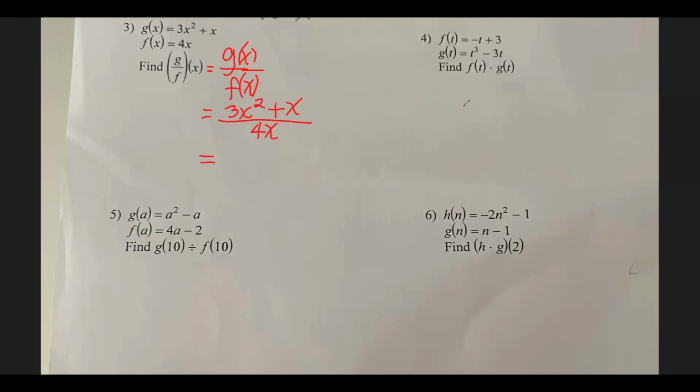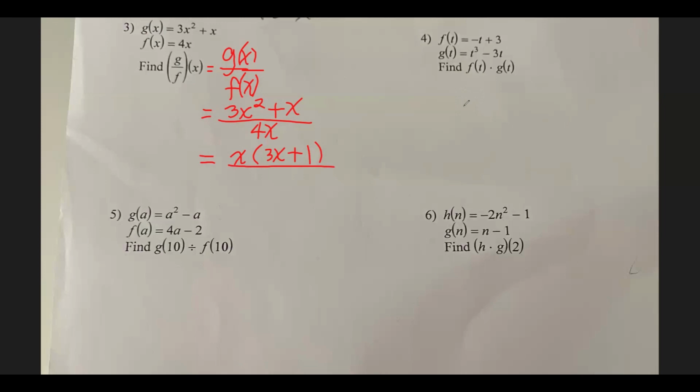As you can see, in the numerator, we can apply only factoring by common monomial or GCF, which is x. So let's find the remaining factors. 3x squared divided by x is 3x. Then positive x divided by x is positive 1. So you have 3x plus 1 as your remaining factors.